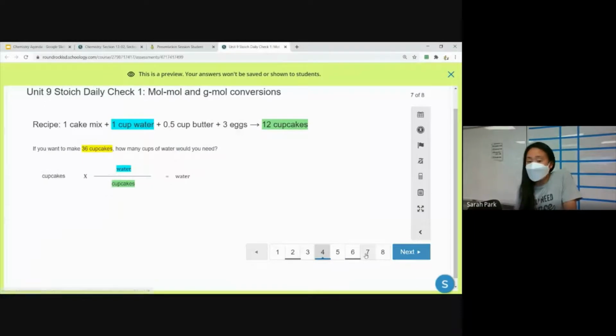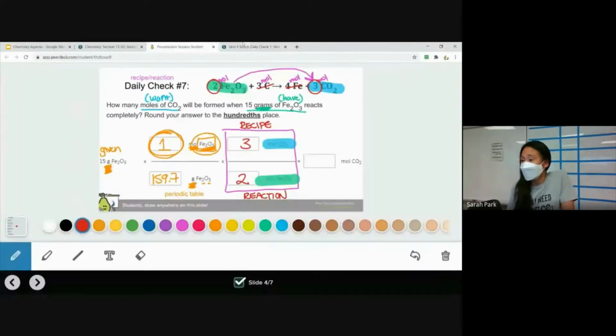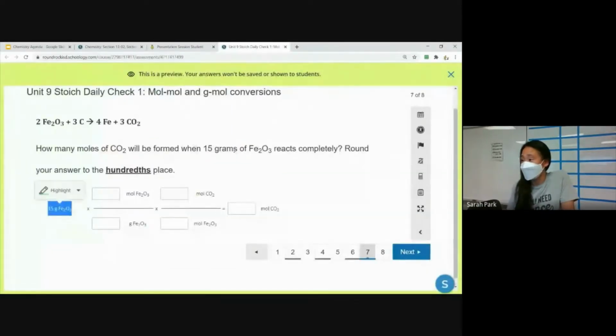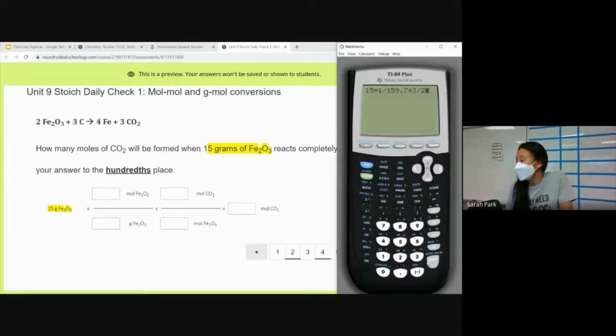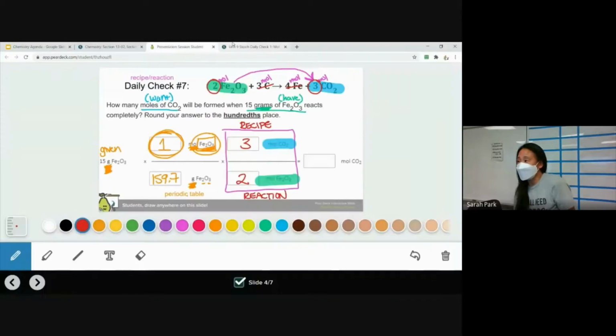All right. While somebody's calculating that, I'm going to go ahead and transfer all these numbers here to the actual daily check. All right, thank you, Garrett. Let's see if we got the same answer. Yes, perfect, very good. All right, so then I'm going to copy down everything that we put on here.